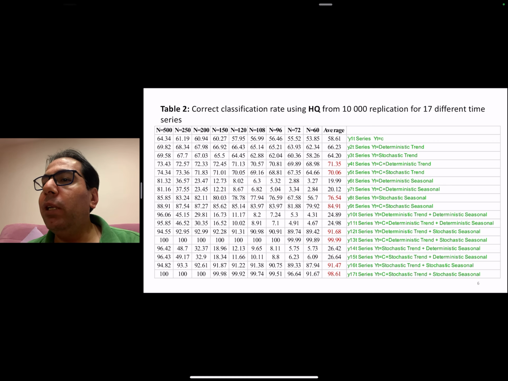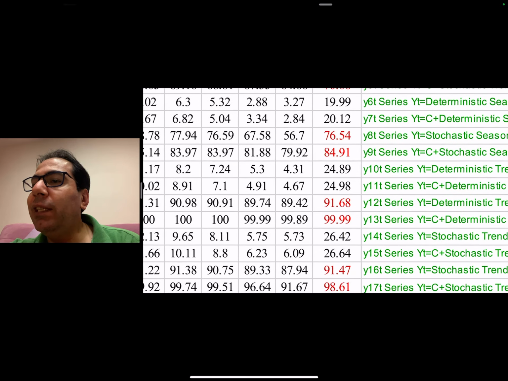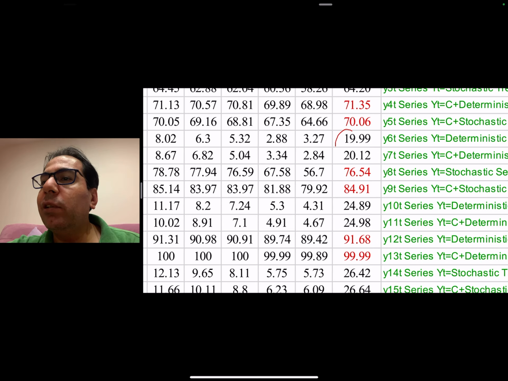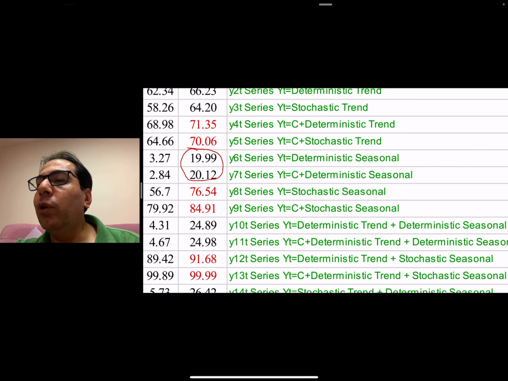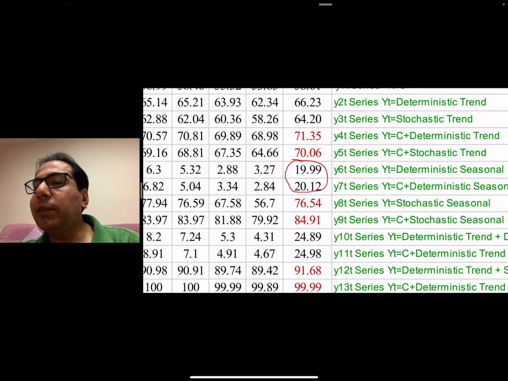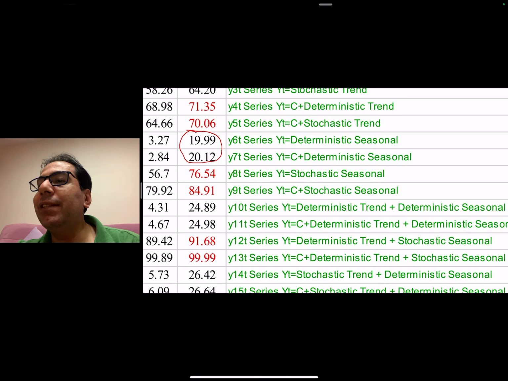It doesn't like many terms. So look at the numbers 19.99 and 20. You see that those two models have many terms. So Hannan-Quinn is a criterion that catches the models having fewer terms.